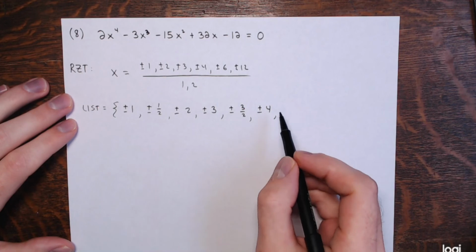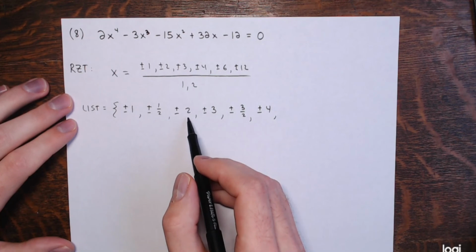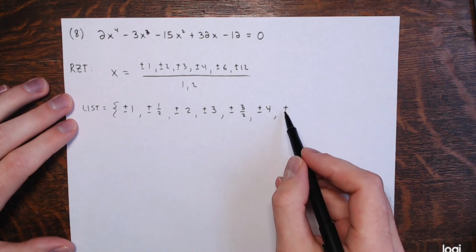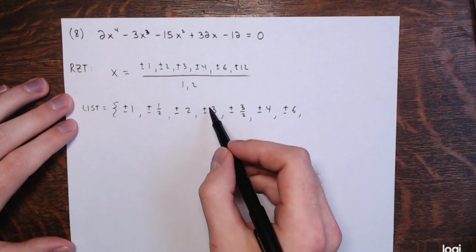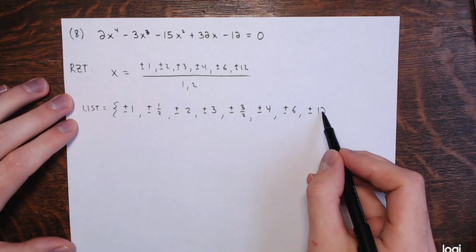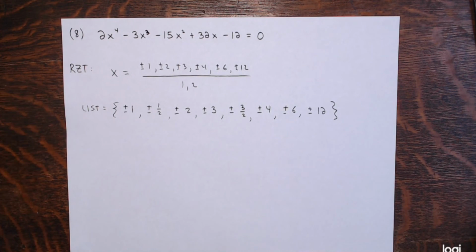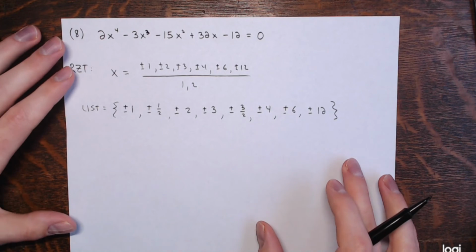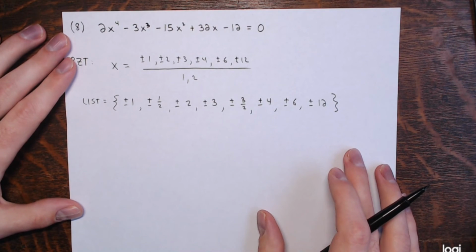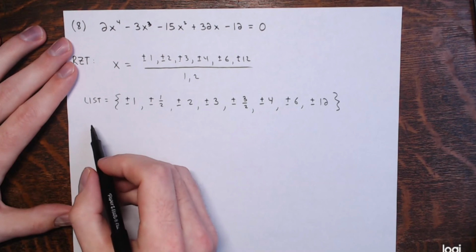Don't need to write 4 halves because I got 2 already. Positive or negative 6, 6 halves is 3, and then positive or negative 12, 12 halves is 6, right? So there we go. A lot of numbers to check. Might not need to do all of them, but we'll find out. So now we check them.